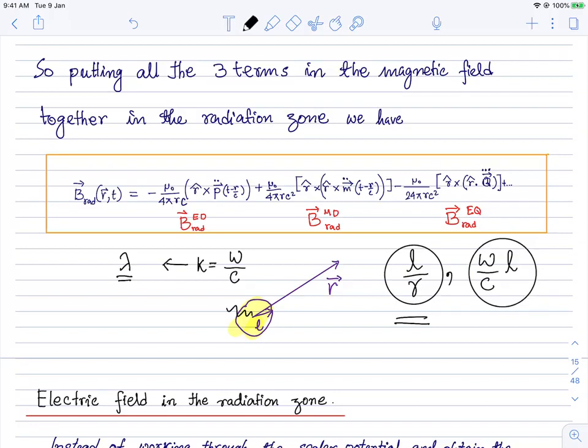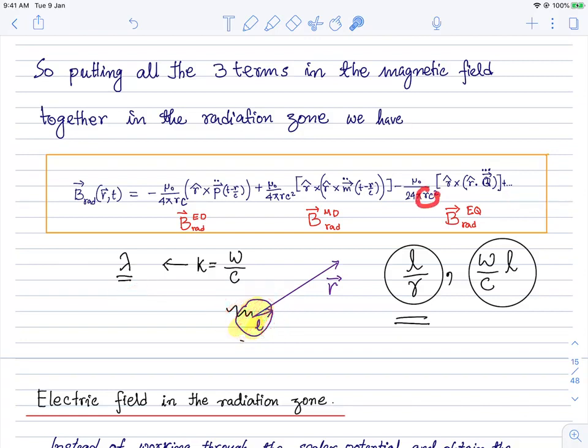And if we consider a case where these frequencies are small, or the wavelength is large compared to the dimension of the charge distribution, then these higher terms can be neglected.